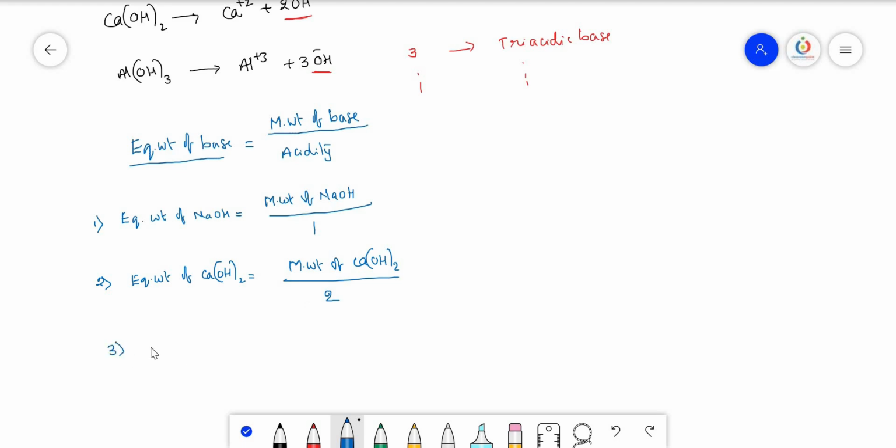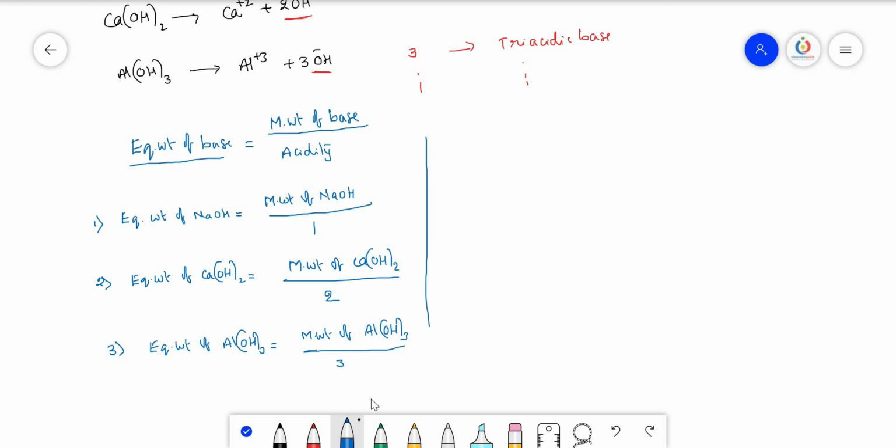Next one, third one, is equivalent weight of aluminum hydroxide. It can be calculated as molecular mass of aluminum hydroxide divided by its acidity, that is 3.